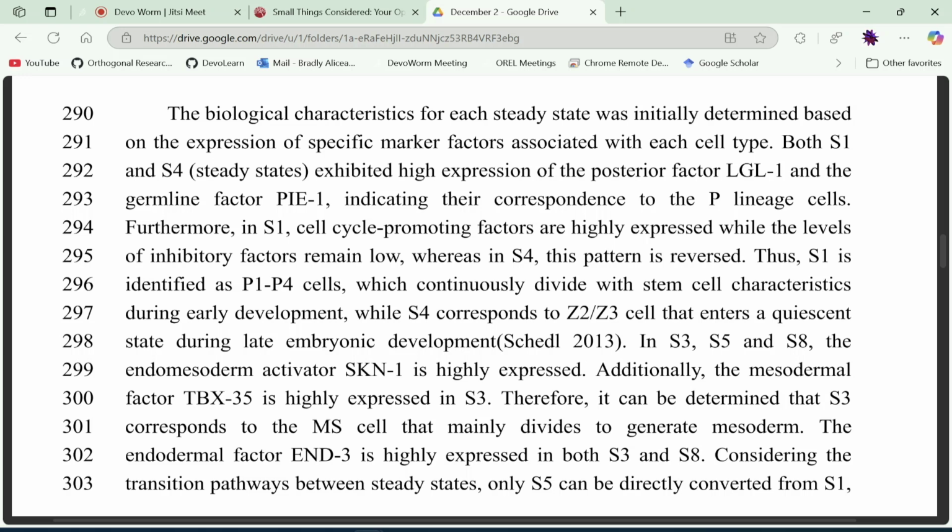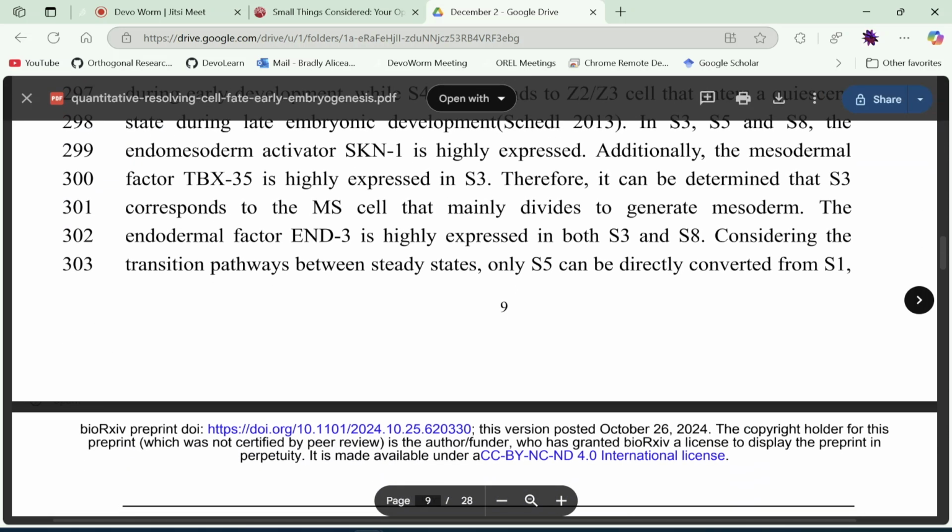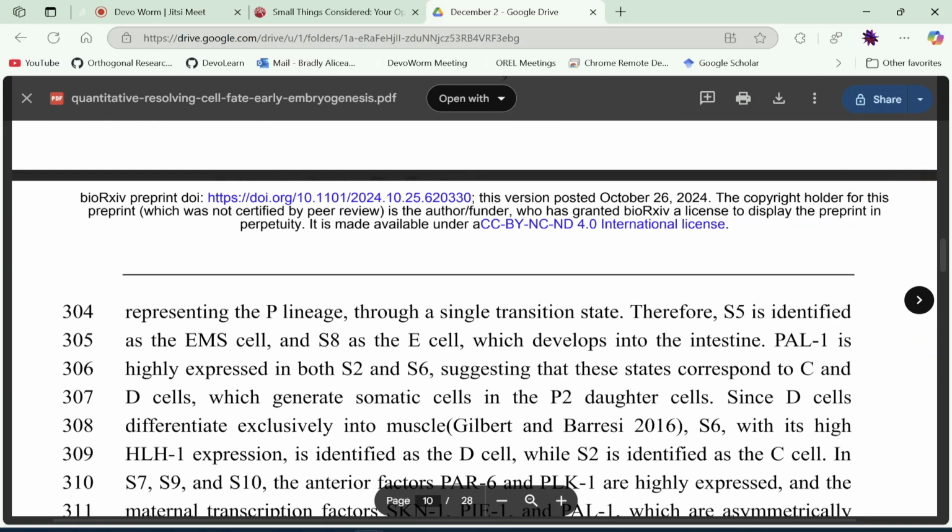The endodermal factor N3 is highly expressed in both steady state 3 and steady state 8. Considering the transition pathways between steady states, only steady state 5 can be directly converted from S1, representing the P lineage, through a single transition state. Thus, S5 is identified as the EMS cell, and S8 is identified as the E cell, which develops into the intestine.